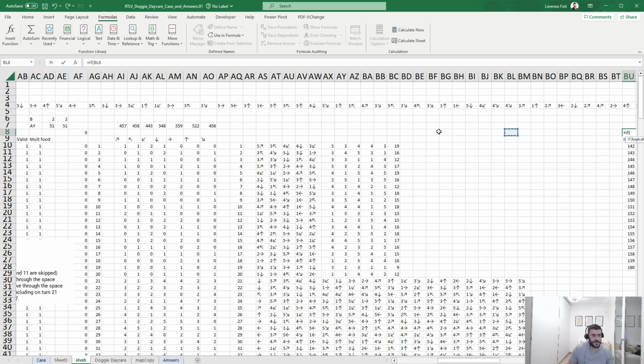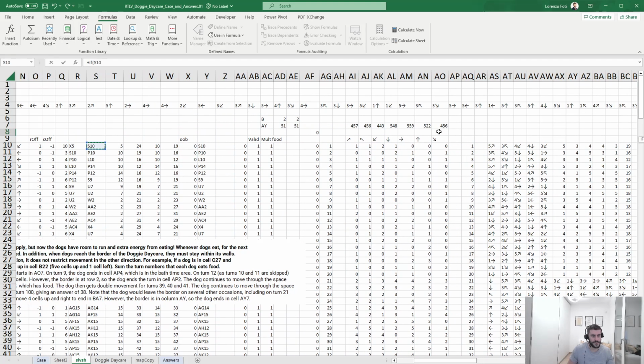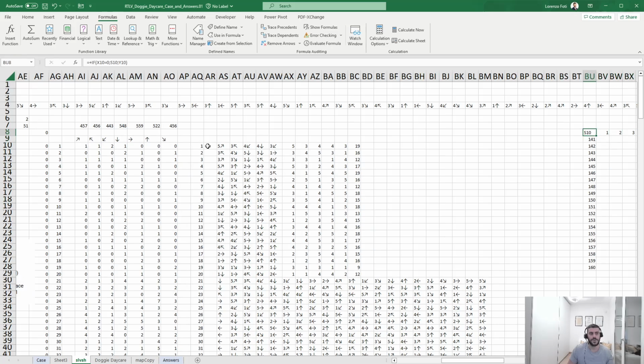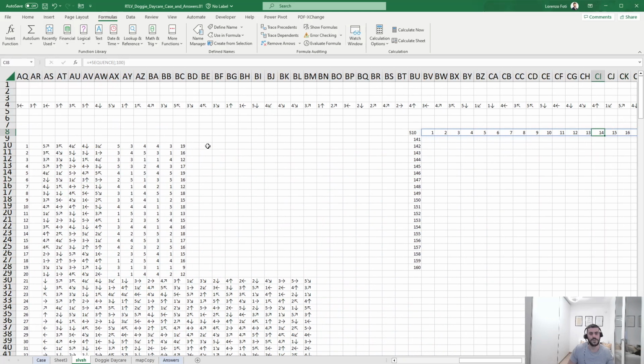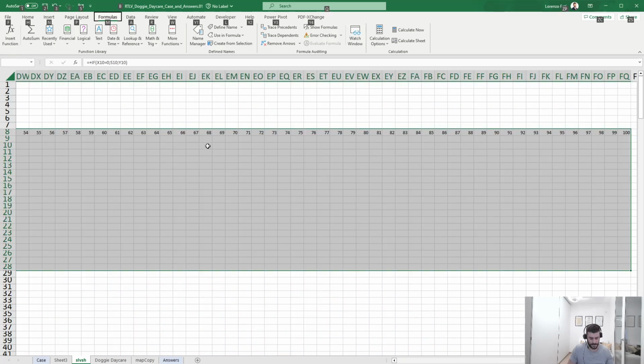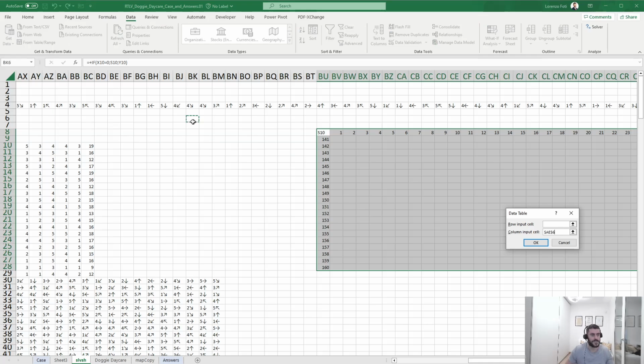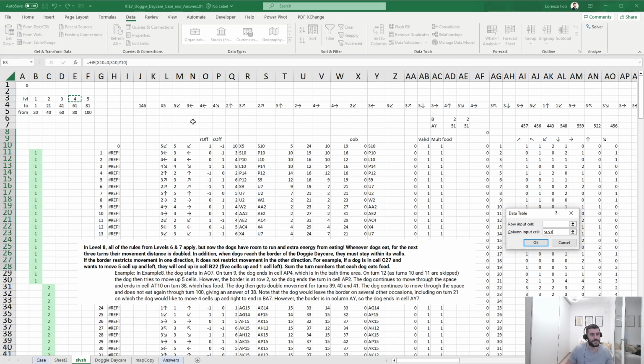If the out of bound is 0, I take this, otherwise I take this other one. And then I say that this is the level and this is the turn number, so this.